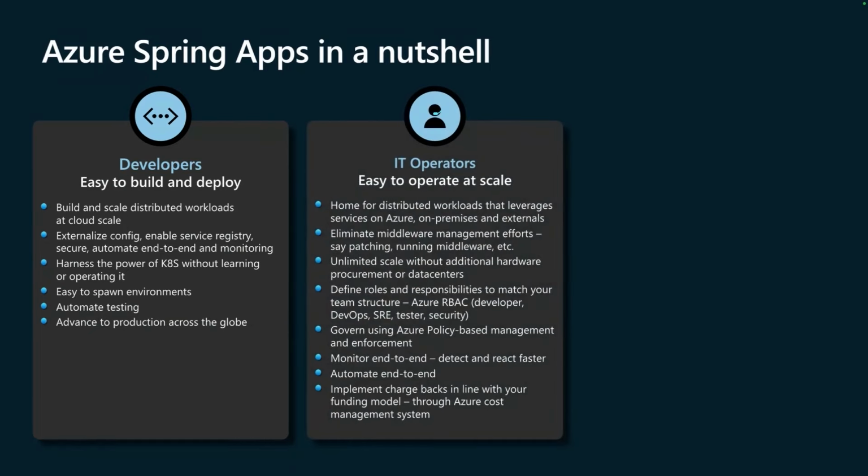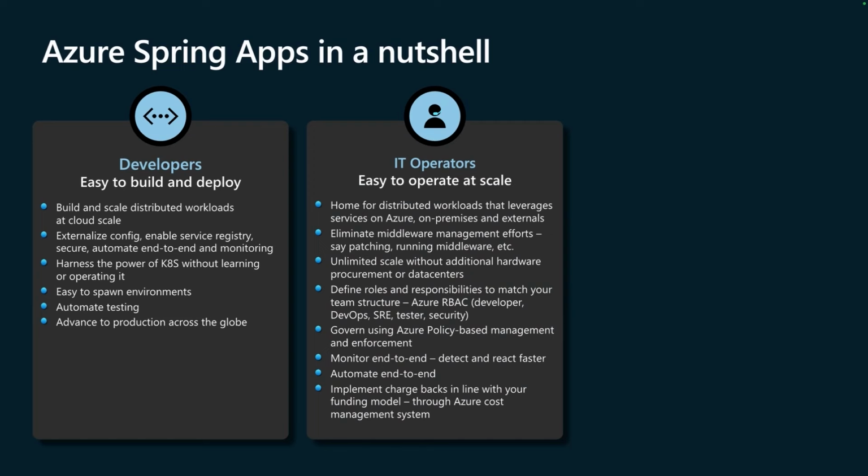If you're an IT operator, you can operate the service and environment at scale. This service becomes the home for distributed workloads, and you can connect these services with your favorite Azure monitoring services, log analytics, workspace, and so on. As you operate, you don't have to worry about middleware management. Azure Spring Apps takes care of all of the favorite Spring middleware that your developers enjoy.